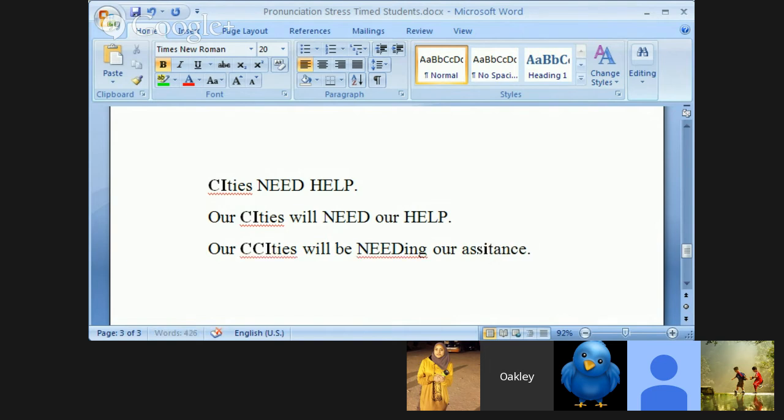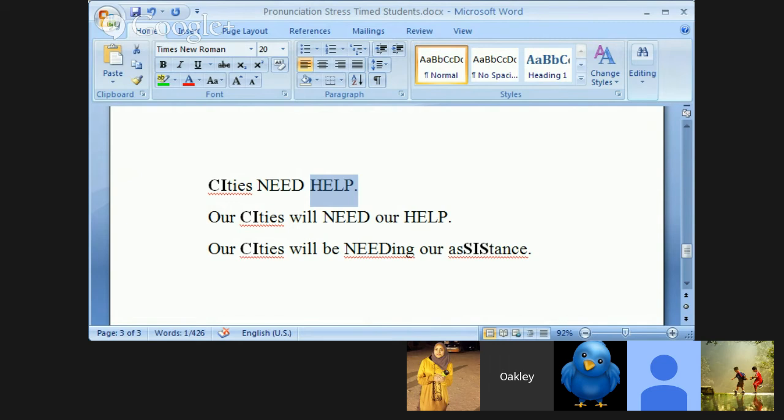Again, same idea. We have a two-syllable word, cities, but same idea. We have basically three stresses here. Just in longer words, three stressed syllables within the content words in the sentences.